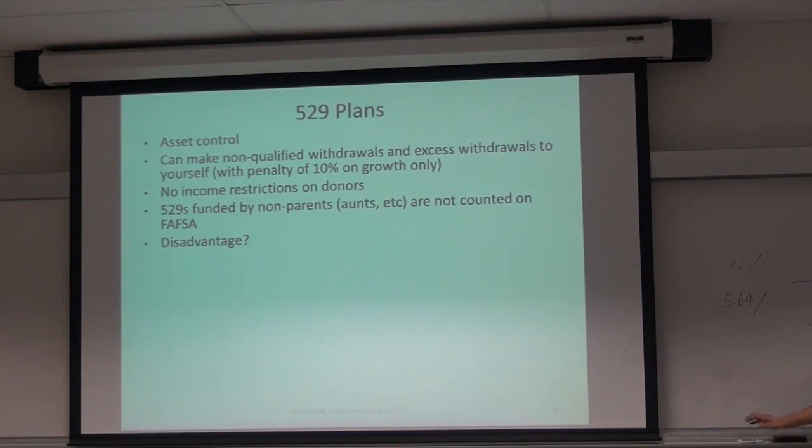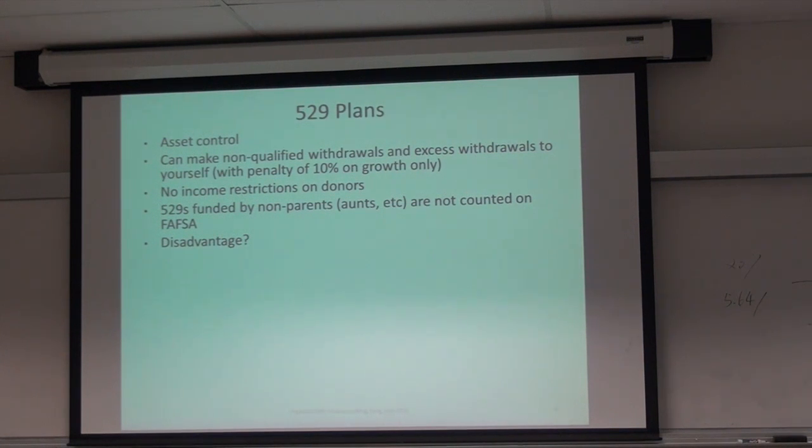Now it leaves parents versus children. Which one is better? First, there's some change in the rule. Before, parents was better than children, because parents' assets are assessed at a lower rate than the children's assets.